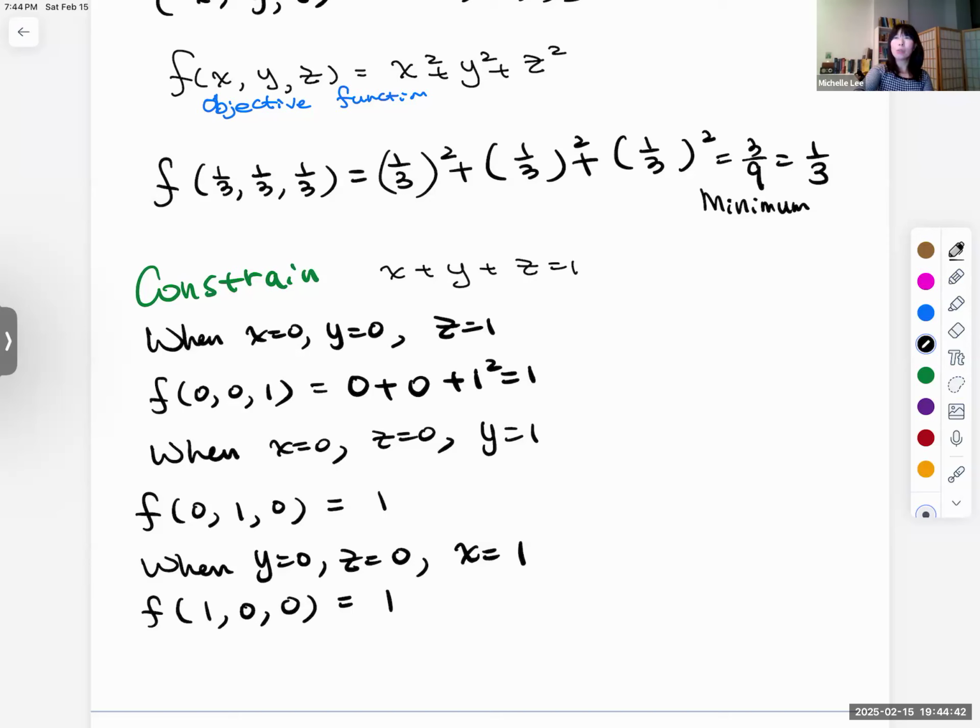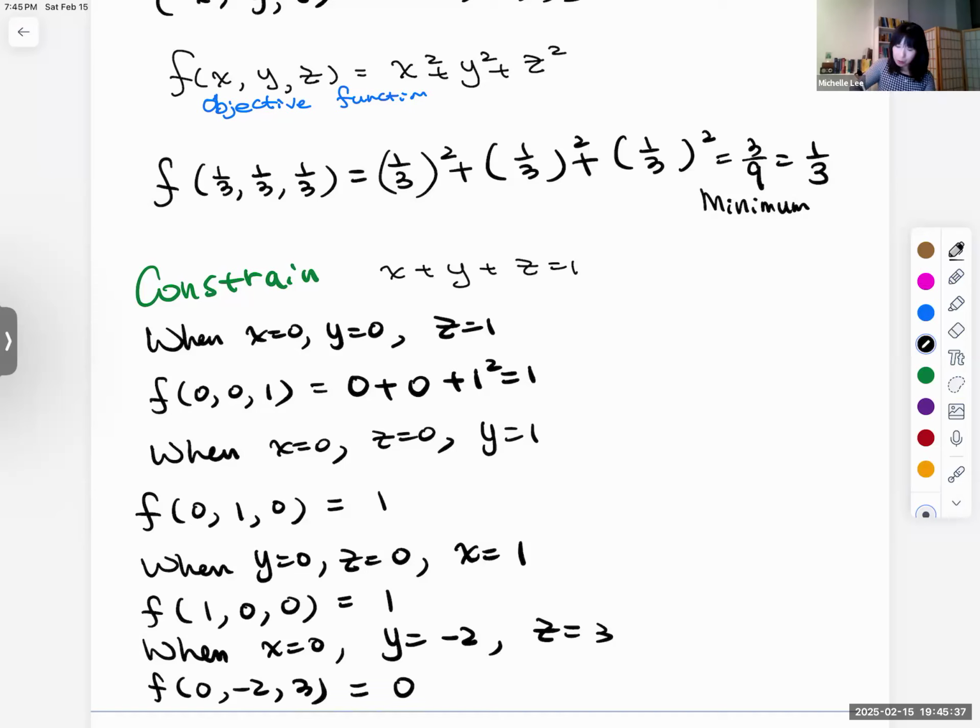So let's pick any random number. When x equals 0 and y equals -2, then z equals 3. So f of (0, -2, 3) is 0 squared plus -2 squared plus 3 squared, which gives 13.